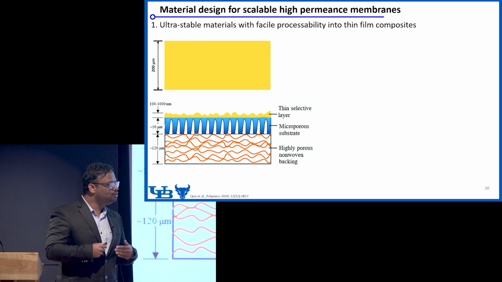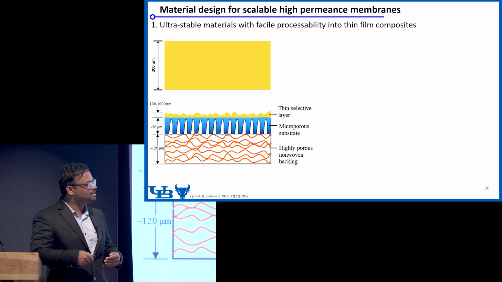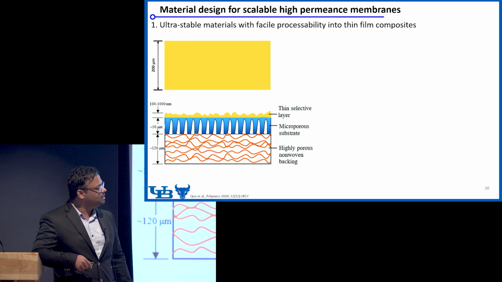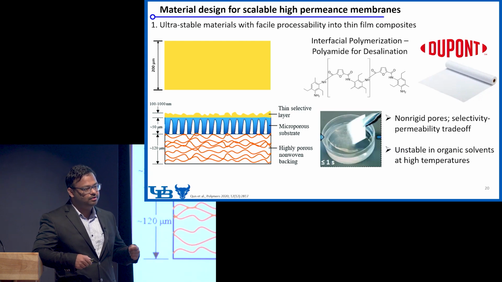And there is no better way, as we have seen from the literature and from industrial success, than interfacial polymerization. It began in the 1970s, and this kind of membrane, like the FT30 membrane from DuPont, these interfacially polymerized polyamide membranes are still the gold standard for industrial desalination applications. But the problem with them is you cannot use them for solvent separation.